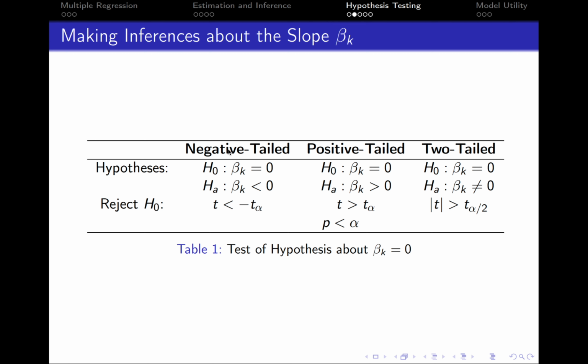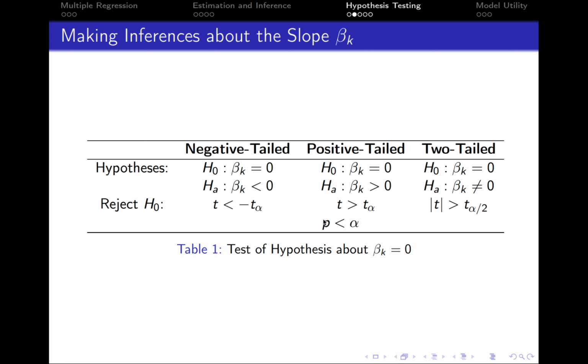When we have a negative tail test, the null hypothesis is rejected when the estimated t-value is lower than the critical value of t at the level of significance alpha. And as for the positive tail test, the null hypothesis is rejected when the t-value is higher than the critical t-value at the level of significance alpha.